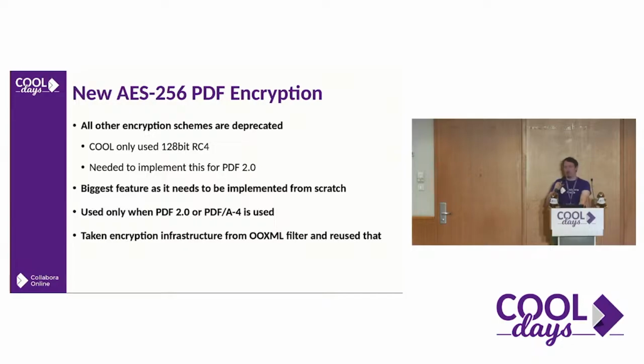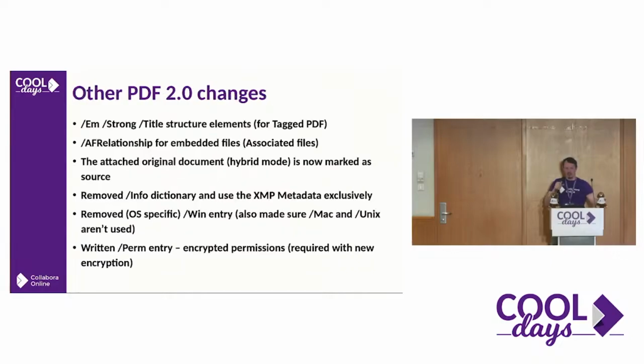This is probably the biggest change that was needed here. The other things: I added new tags for PDF. So you have EM, Strong, and Title structure elements, and these are now written when you are exporting the PDF itself.